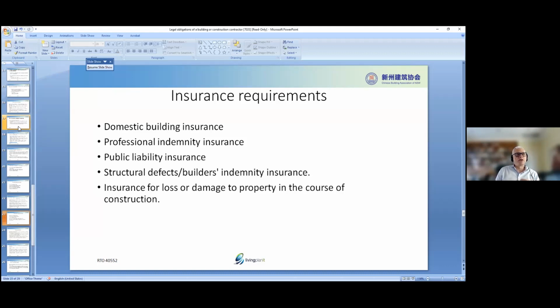And this is not to protect you, but it's to protect the person you're doing the work for. And they have this for 6 years now. It used to be 7, now it's 6, okay? It changes all the time.